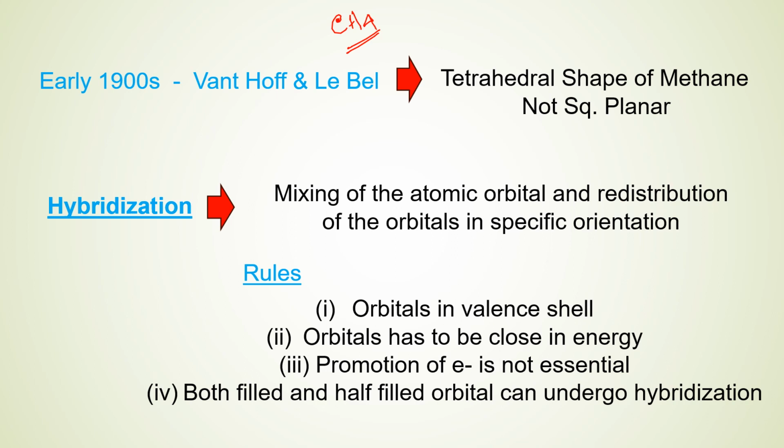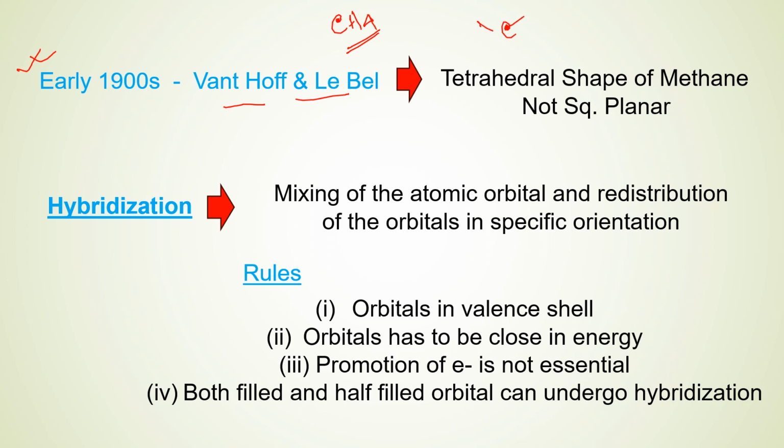In the early 1900s, before van 't Hoff and Le Bel distinguished the shape of methane, the exact geometry of the CH4 compound was not known to people.